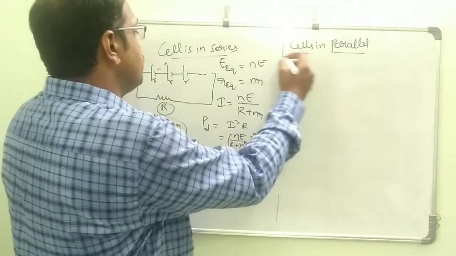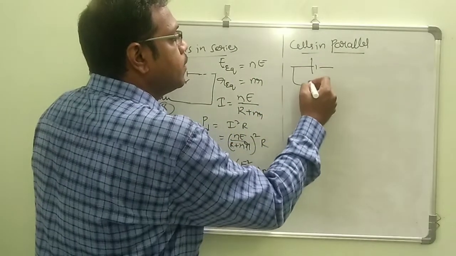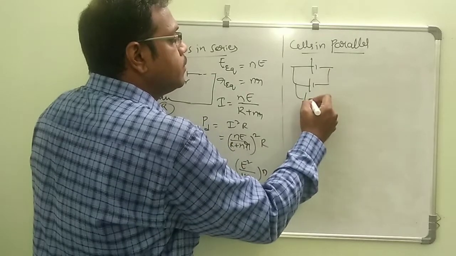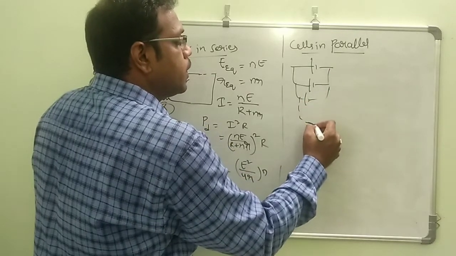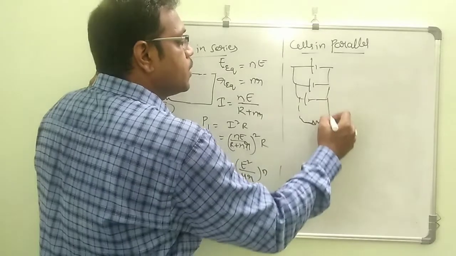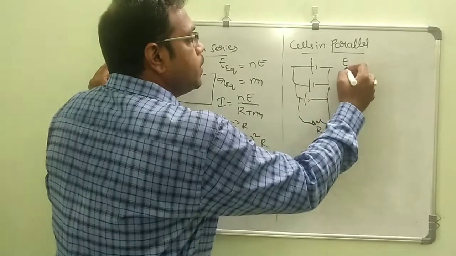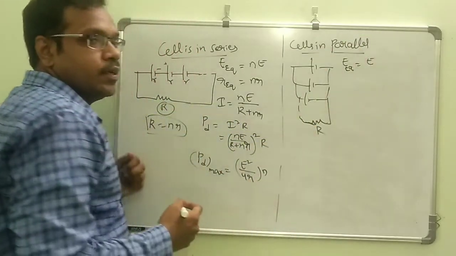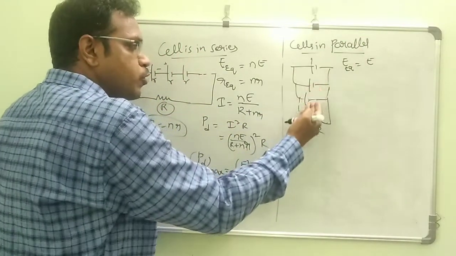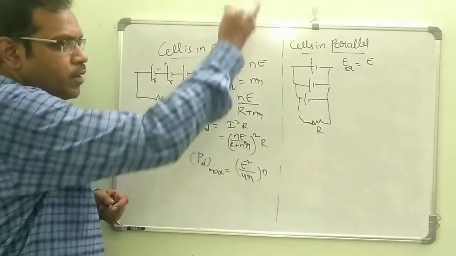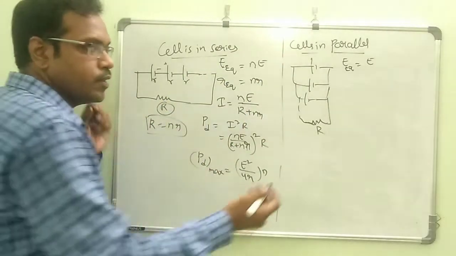Now suppose cells in parallel, connected to one external resistance. In this E equivalent is E only, that is 4 volts, because it's a parallel common voltage.